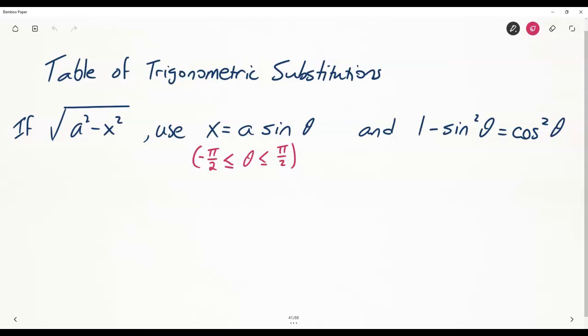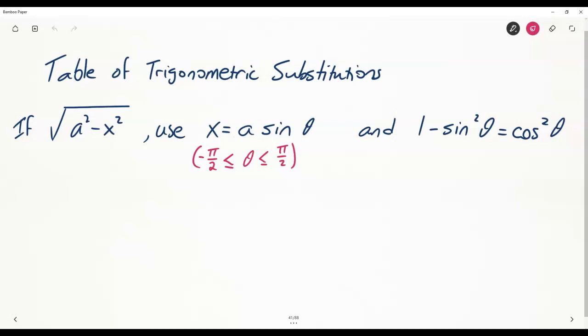But this is the substitution you use, and this is the identity you will need in the course of that problem. Because remember, we substituted 1 minus sine squared of theta for cosine squared. That allowed us to get rid of the radical in the problem. It's that radical that's causing the issue.